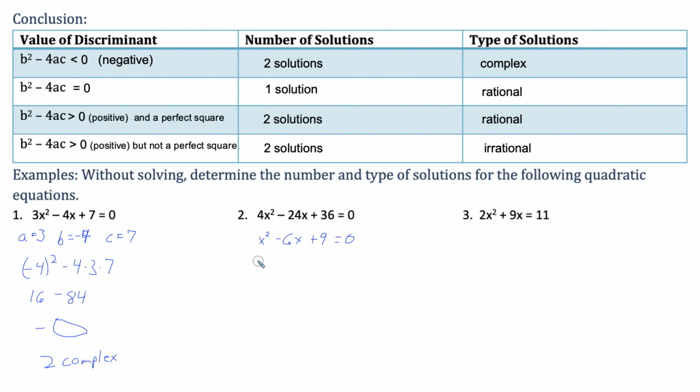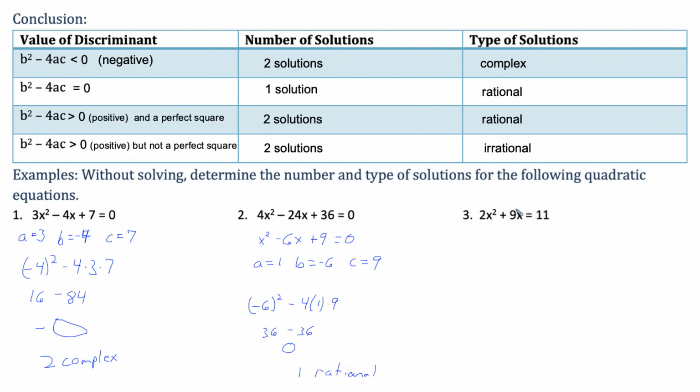And then we can think A is 1, B is equal to negative 6, and C is equal to 9. So we have B squared, so negative 6 squared minus 4 times A times C. And this is 36 minus 36, which is 0. And so we have 1 rational solution. We can refer up to here. If you get 0, we have 1 rational solution.